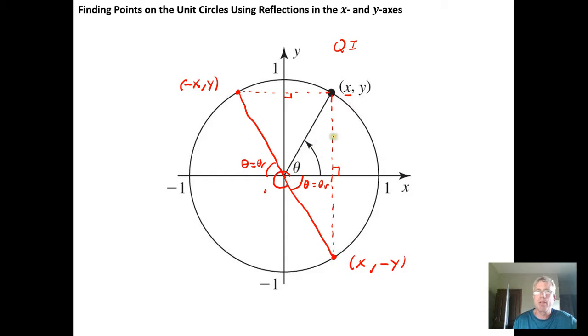So the key is here: we start in quadrant 1 with an acute angle. That acute angle, when we do reflections, is going to maintain itself as the reference angle through every reflection in the x and the y axis that you can do. And now I could take this point, which I've reflected from here to here, so I can do a double reflection. I can reflect first in the y, then in the x.